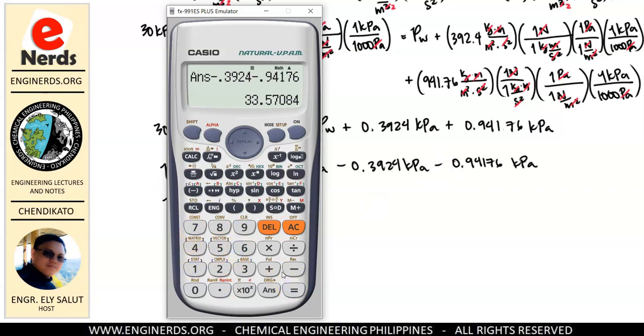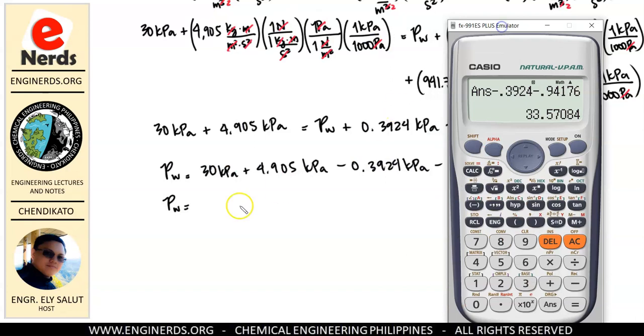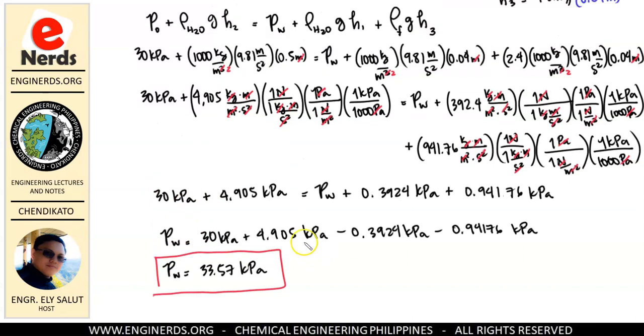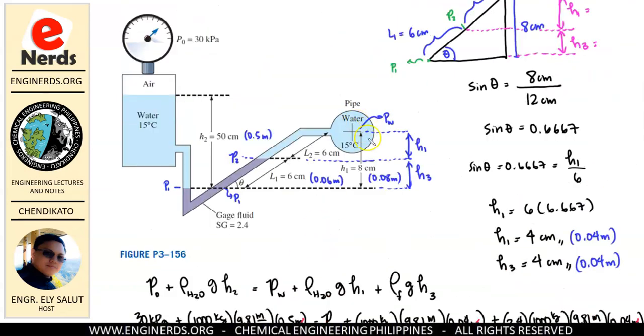So we have 33.57 kilopascal. And this is our final answer here. Okay? So ito yung pinahanap sa atin. What is the pressure in our pipe?